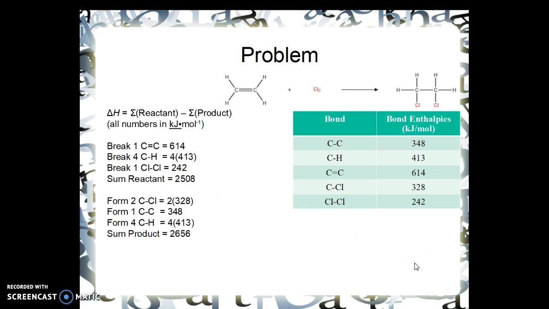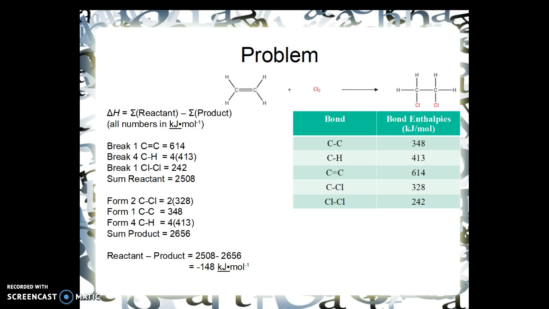We then do the same thing, adding up the bond enthalpies for the products, 2 carbon-chlorines, 1 carbon-carbon, and 4 carbon-hydrogens. Here's the math. The sum of that product is 2656. We then subtract the 2656 formed from the 2508 broken, and we get negative 148 kilojoules per mole.